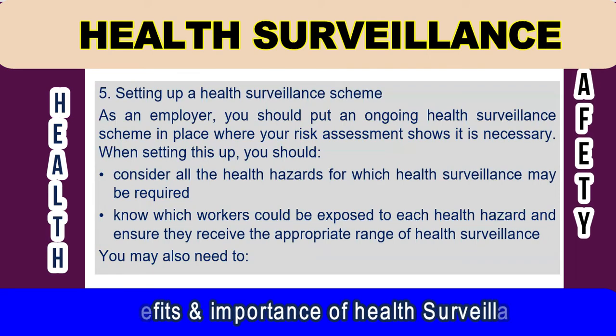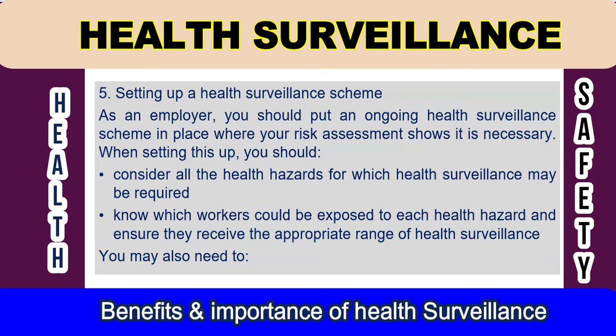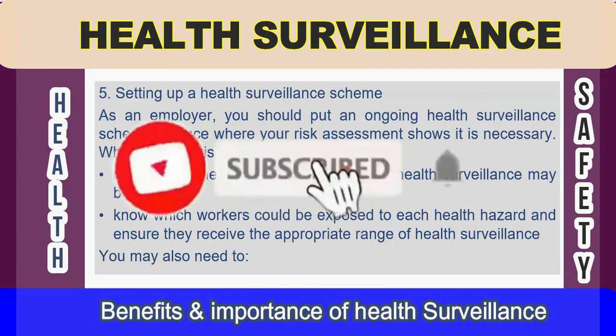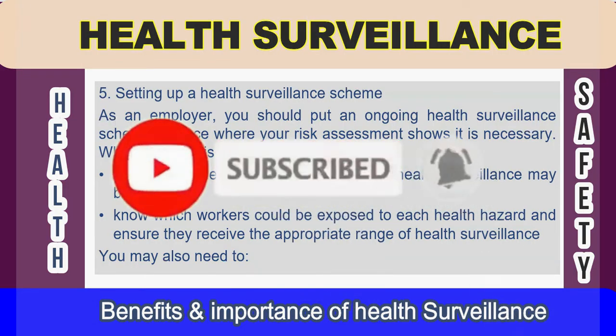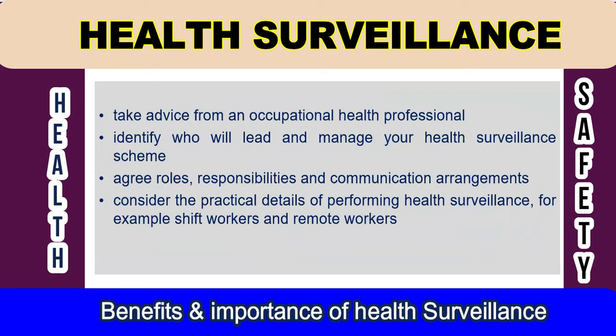When setting this up, you should consider all the health hazards for which health surveillance may be required. You should know which workers could be exposed to each health hazard and ensure they receive the appropriate range of health surveillance. You may also need to take advice from an occupational health professional.